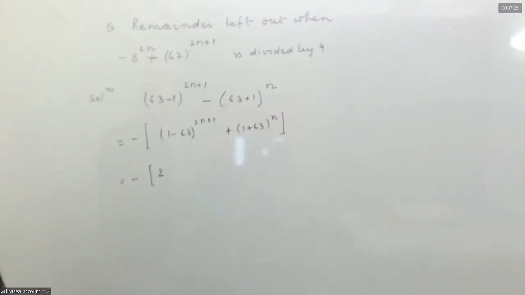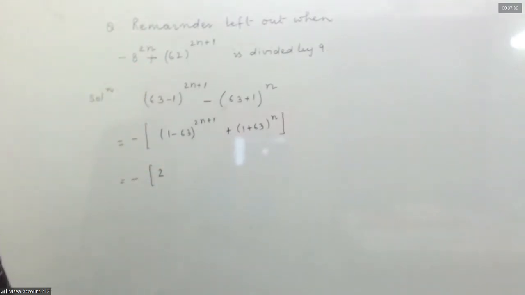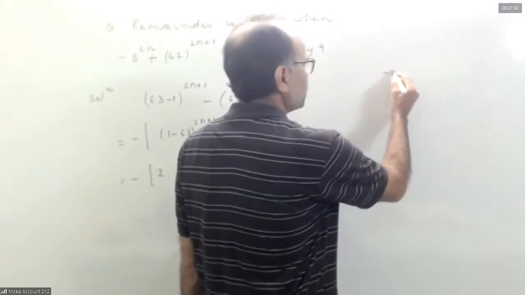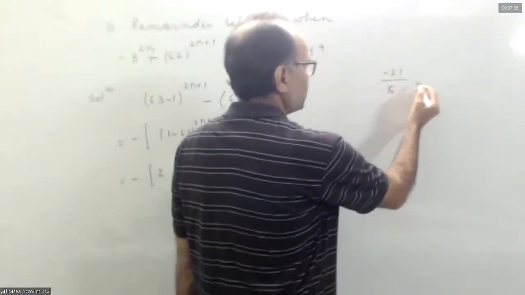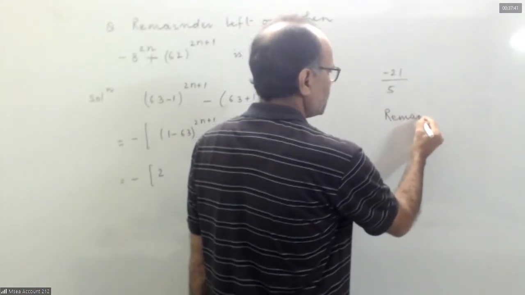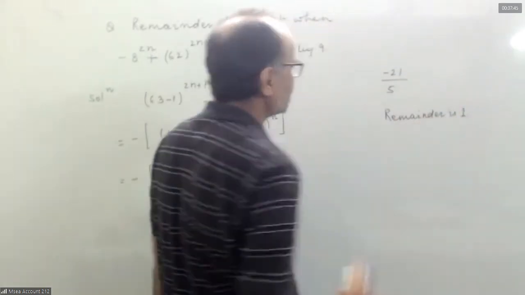The question is this only. Here minus, only then we will get plus 2 here. See, what is the idea? If you divide minus 21 by 5, can we say the remainder is 1? Remainder is 1, can we say?